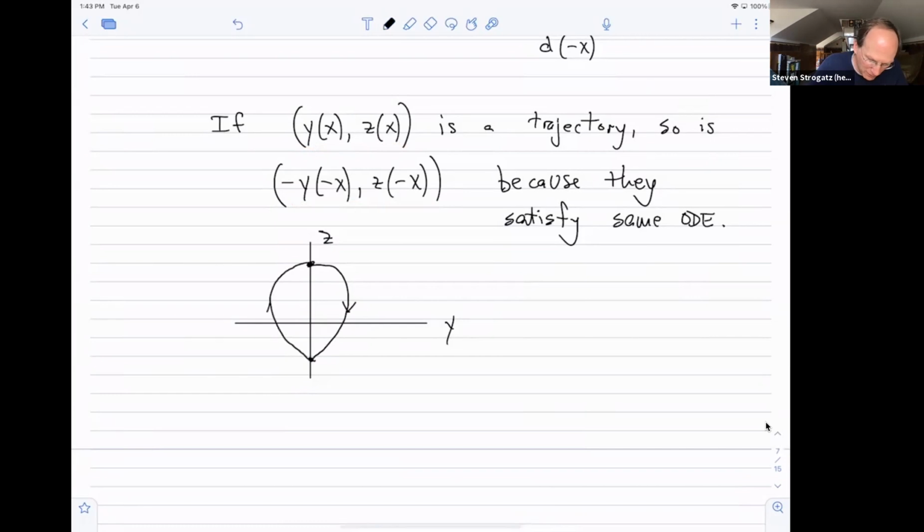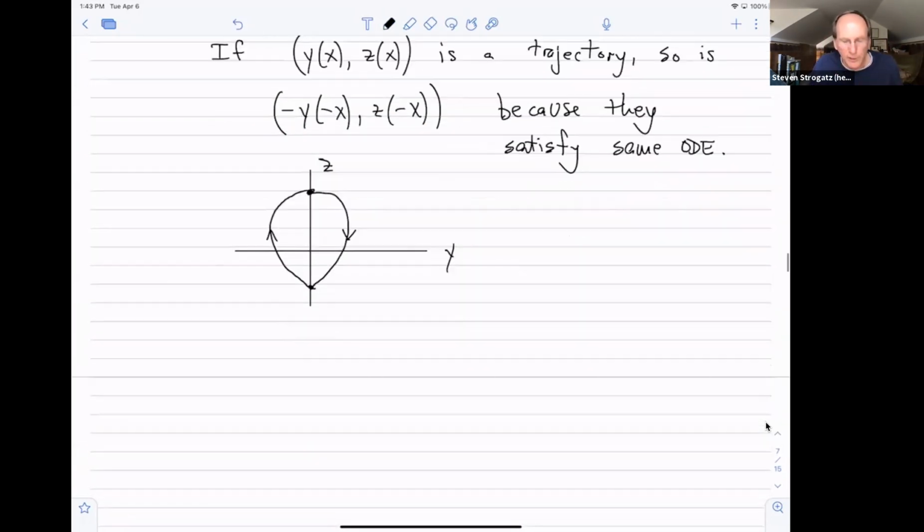So that makes the arrow go this way. So anyway, that forms a closed curve. Is there any question about that little symmetry argument? This is an example of a reversible dynamical system in the jargon. So reversible ODEs often have these closed orbits in them.